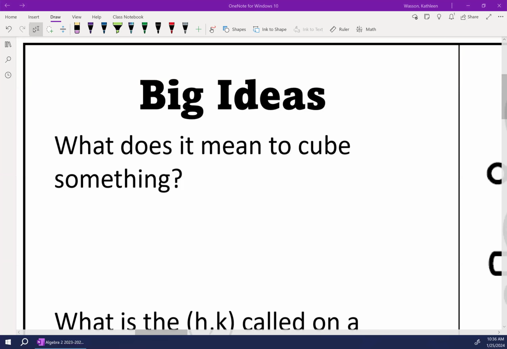Now that your table's done, we'll continue the rest of the notes. For one thing that's important to recognize, how did we cube something? Well, we multiplied by itself 3 times.